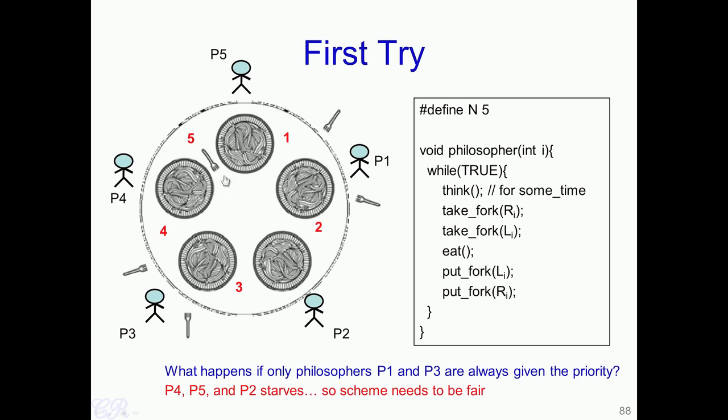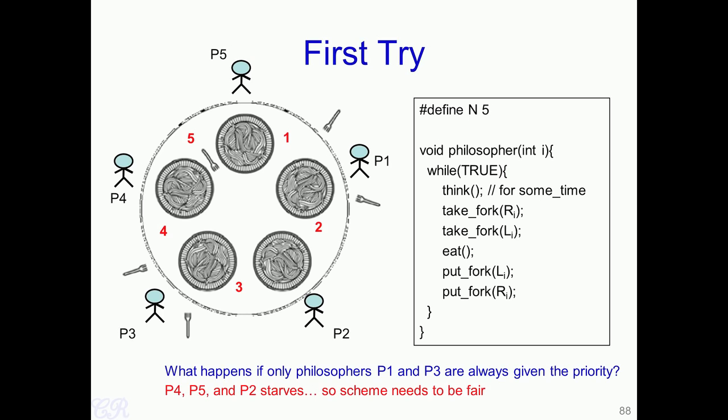In a similar manner, P4 and P5 have just one fork between them which they could possibly pick up. The other fork in each case would with high probability be given to the philosophers P1 and P3. Thus, P2, P4 and P5 will starve, and this is not the ideal solution for our problem.